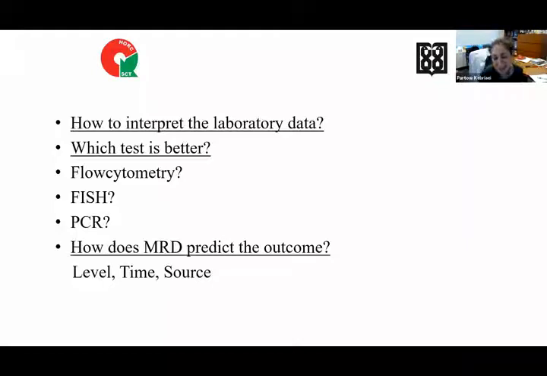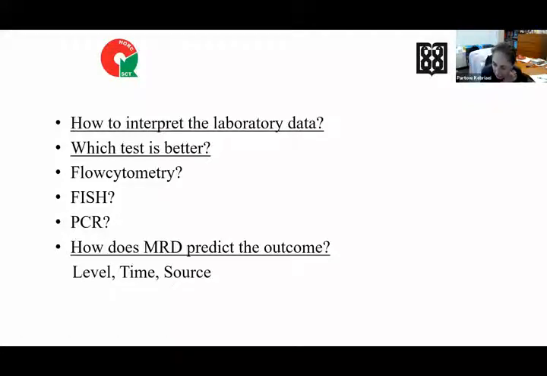Sure. So I omitted a slide. There was a study from St. Jude's in children with ALL, and there are many studies now that the level of MRD is associated with risk. So if you have very low MRD compared to very high MRD, there is a subsequent increased risk for relapse.